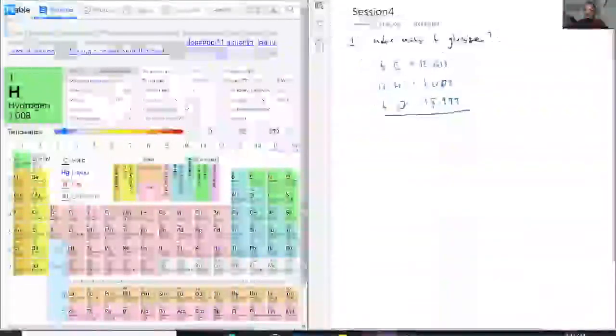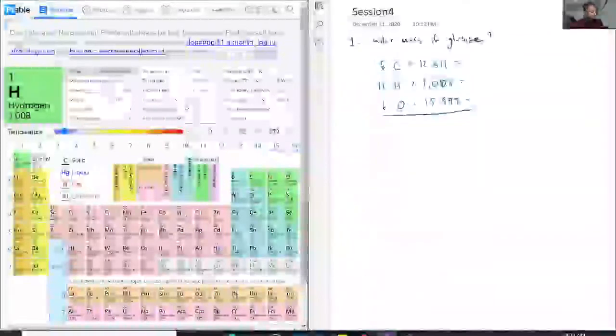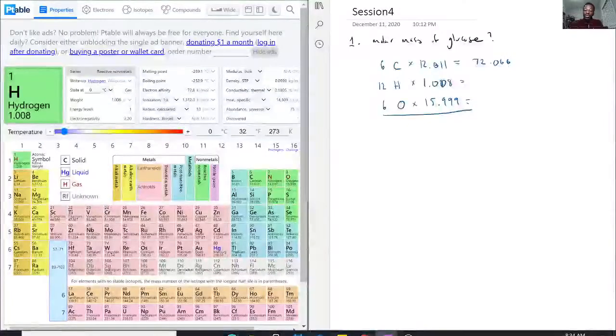So for glucose, that means carbon would contribute of its whole molar mass 12.011 times 6. So we have 72.066. That is how much all the carbons in glucose contribute. Hydrogen, we would now multiply the 1.008 times 12.